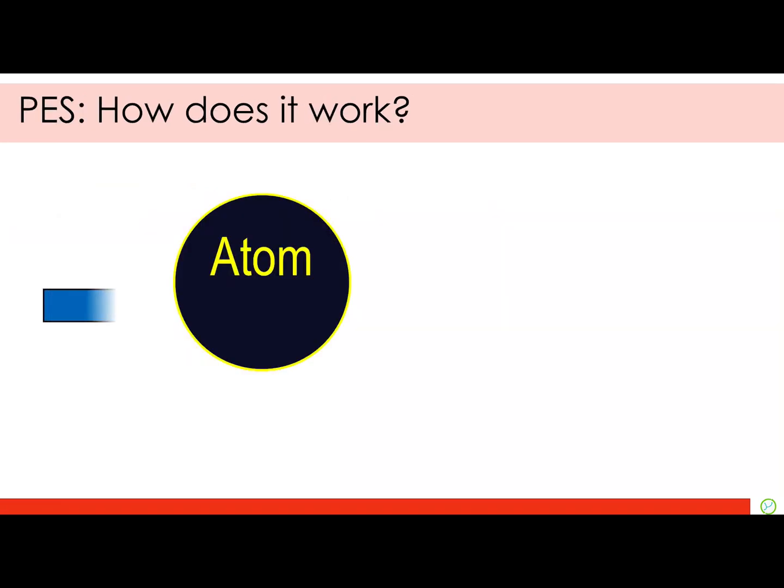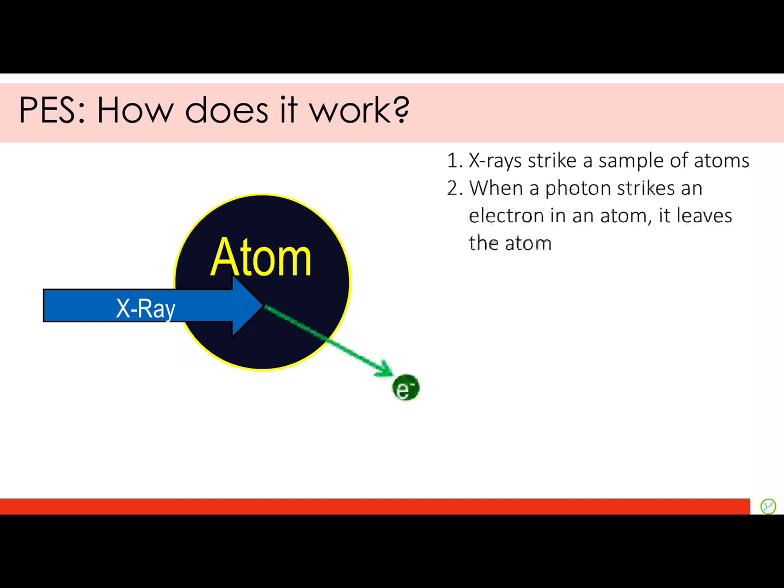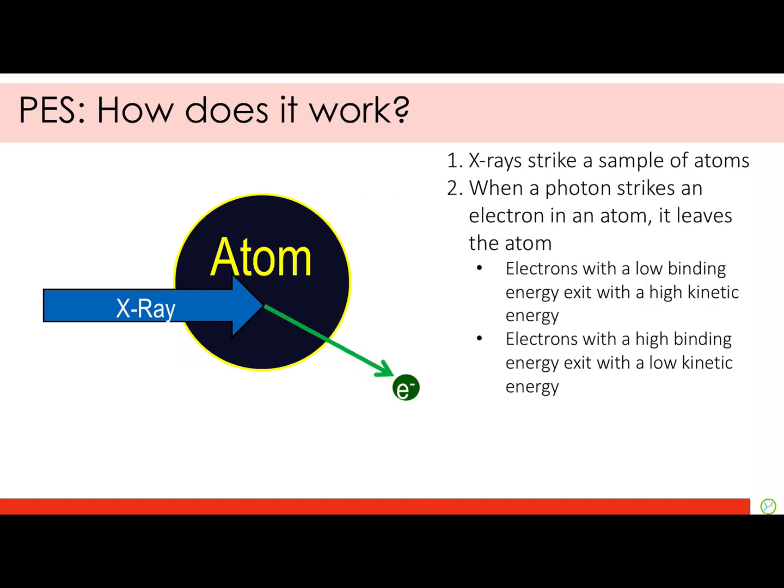The way it works is an atom is bombarded with X-rays, so the X-rays strike a sample of the atom, and when a photon strikes an electron, the electron leaves the atom. Electrons with a low binding energy exit with a high kinetic energy, and electrons with a high binding energy exit with a low kinetic energy.